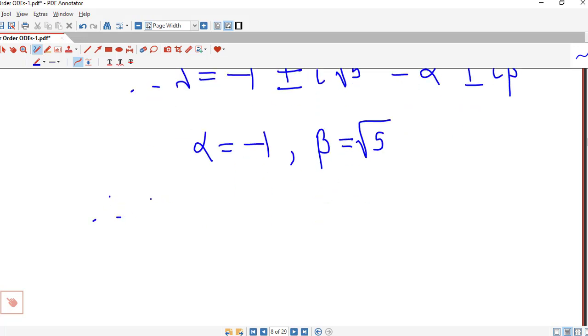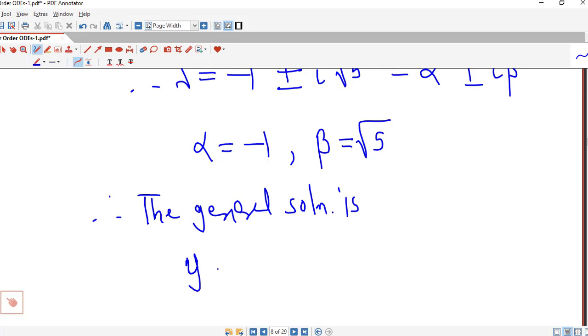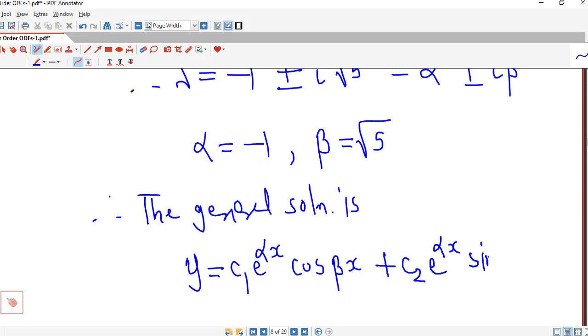Now we have a ready-made formula for the general solution, which we have to remember. The general solution is y equal to c1 e raised to alpha x cos beta x plus c2 e raised to alpha x sin beta x.